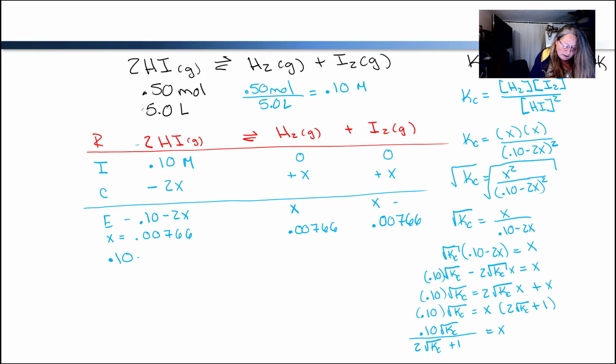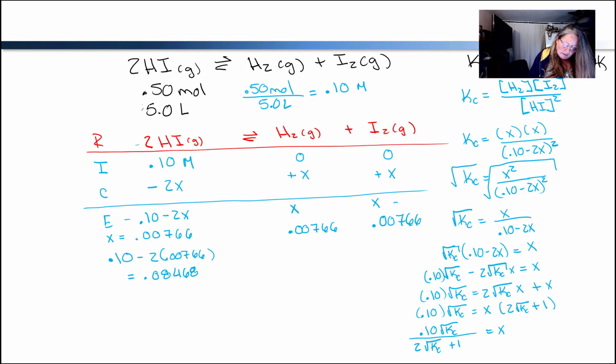So 0.10 minus 2 times 0.00766. So 0.1 minus 2 times of that gives me 0.0846.